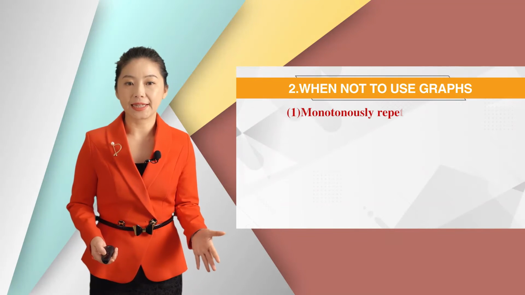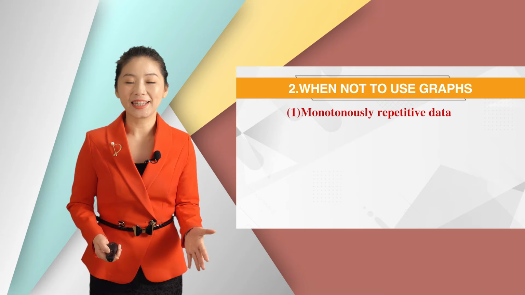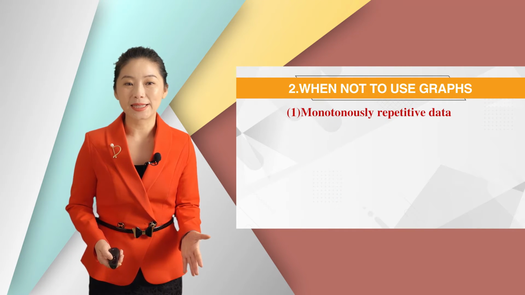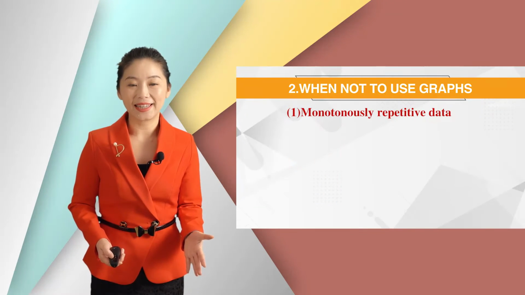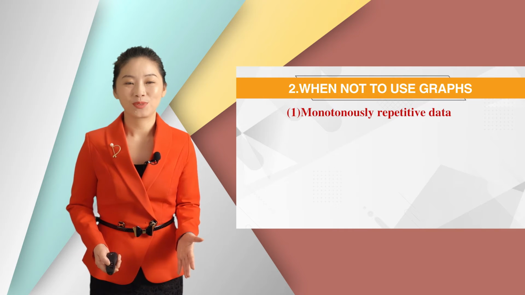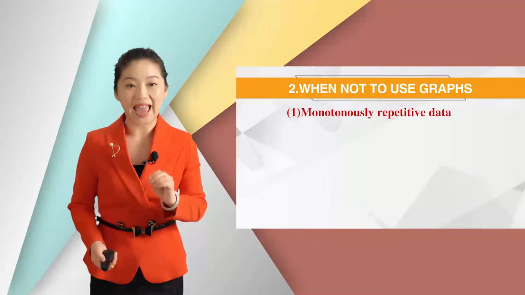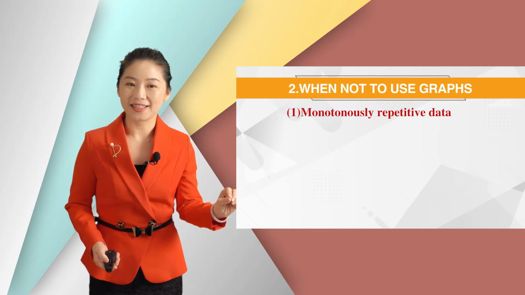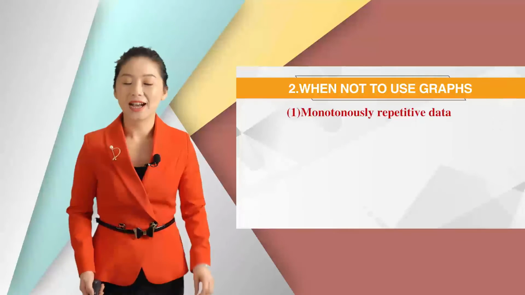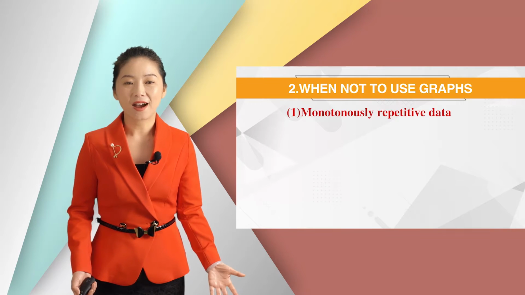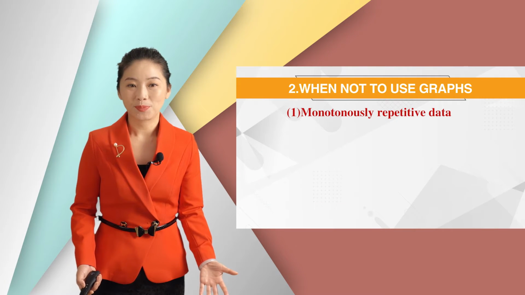Certain types of data, particularly the sparse type or the type that is monotonously repetitive, do not need to be brought together in either a table or a graph. The facts are still the same.